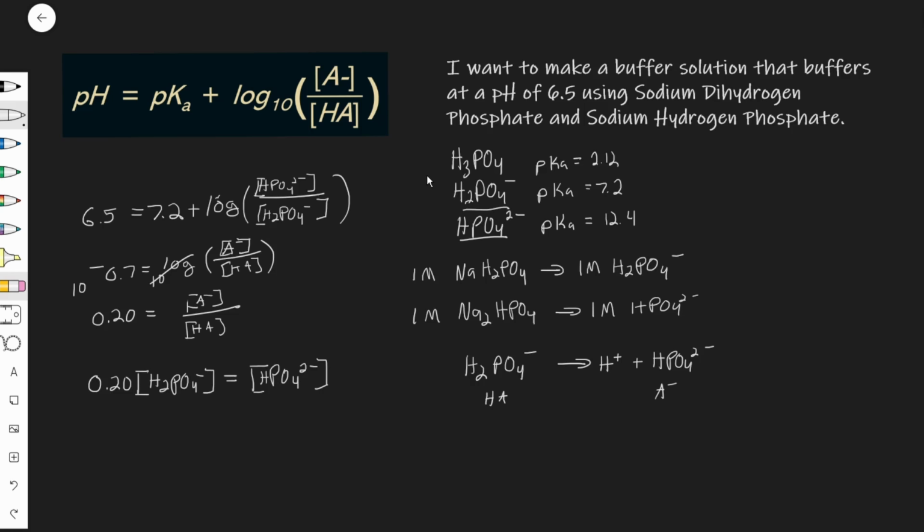So what we have here is a relationship between these two species, and of course there's more than one solution. I mean, I could put countless numbers that will satisfy this equation.